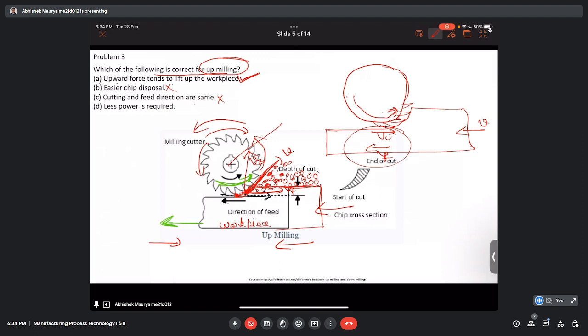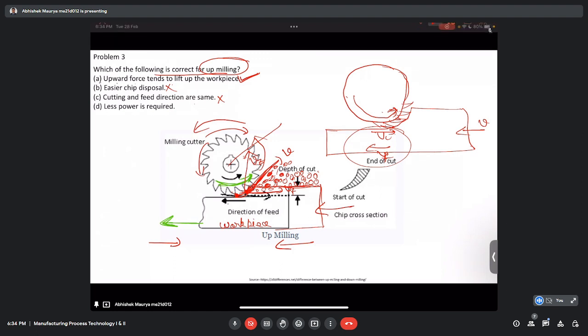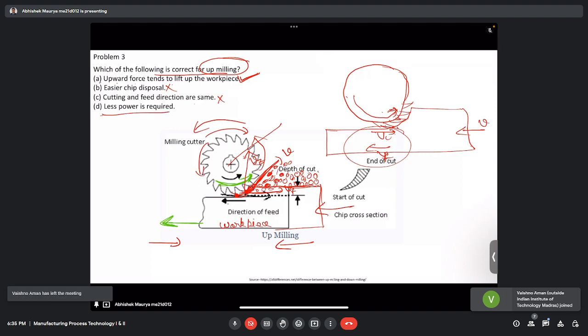And because of this higher speed of relative motion, the forces applied as well as the friction heat generated will also be higher. So it is not correct that less power is required. Higher power is required in the case of up milling configuration. Therefore, the correct option for this problem is the first one, A.